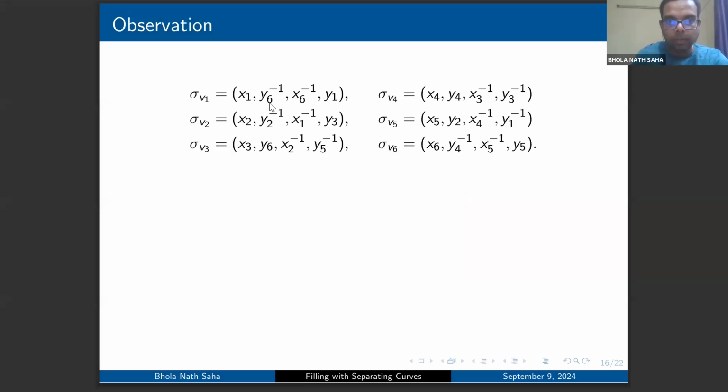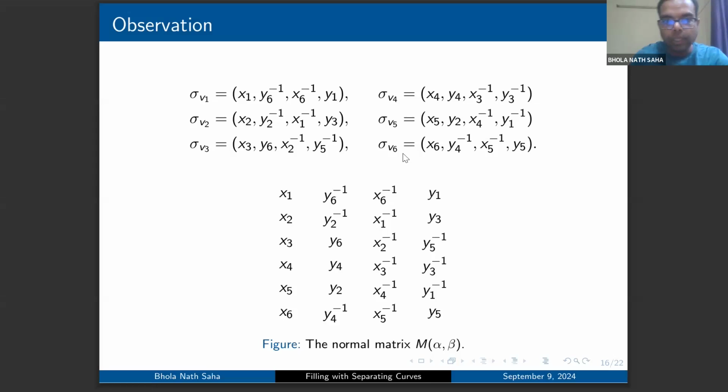We have written down this ordering at each vertex, and using this cycle we get a matrix, which we call the normal matrix. In this matrix, each row consists of this cycle, and we arrange it in such a way that all the x_i's are in the first column and the remaining columns are determined.